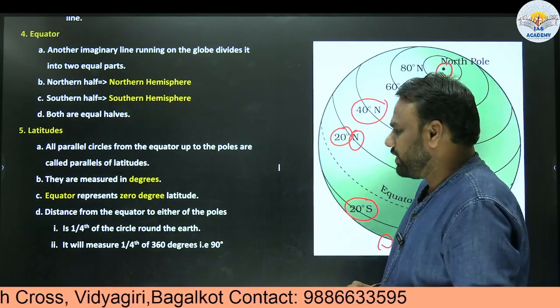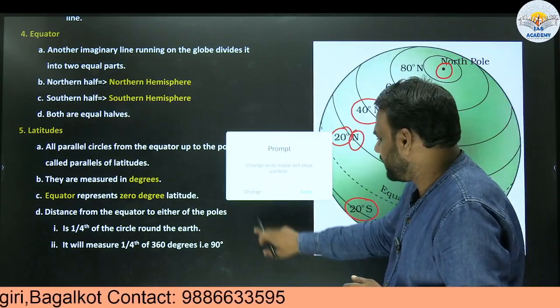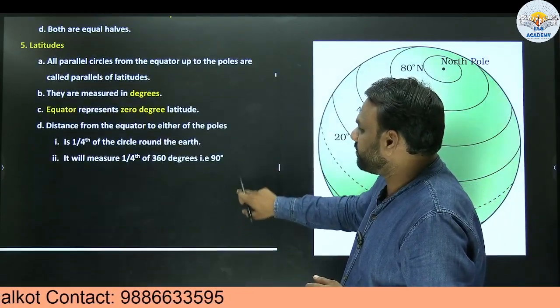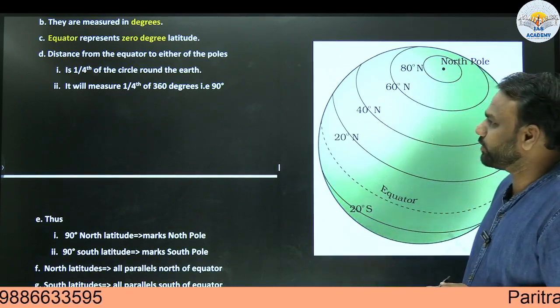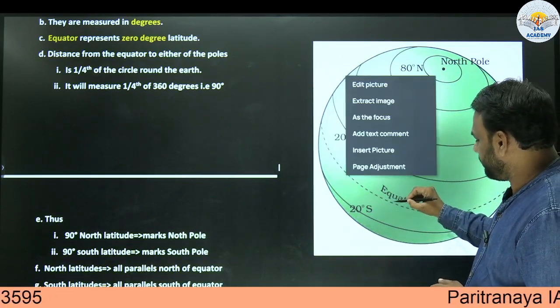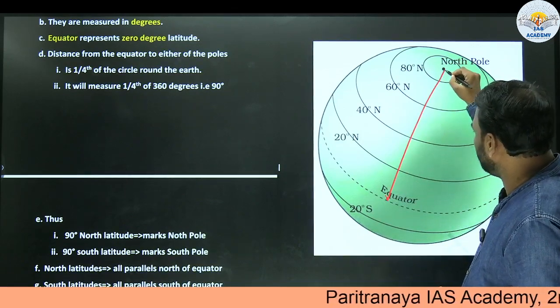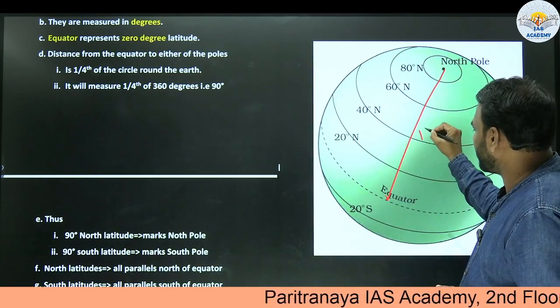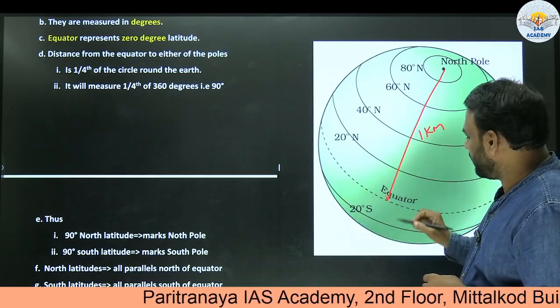Next, why have we used 90 degree? The reason is the distance from the equator to the poles. Let us assume the distance from the equator to the pole is 1 kilometer, just to make our discussion easier.